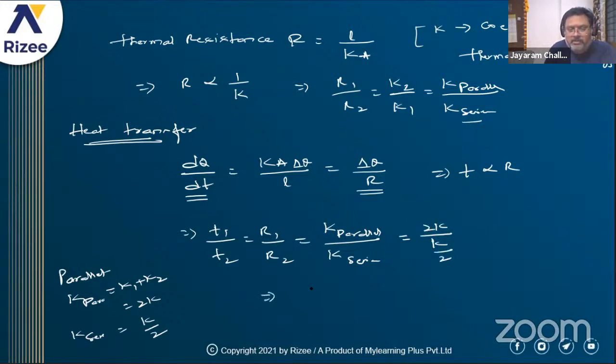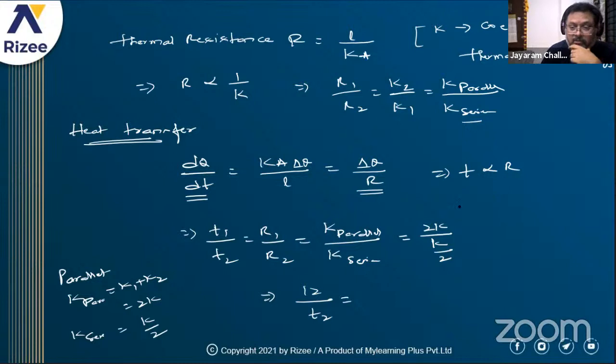So that means T1 is 12 seconds by T2 is equal to, so K in the series is K by 2. T1 is the time for the first case, in the series conditions.